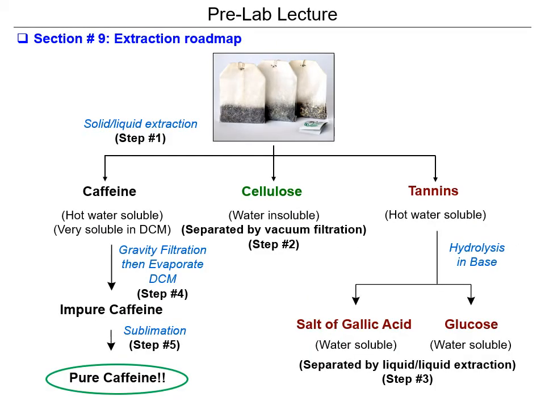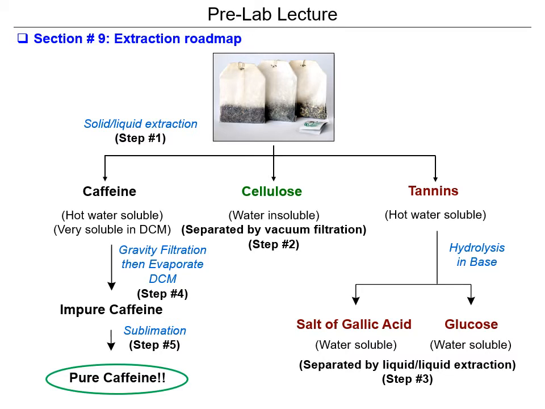So, to recap, we will perform 5 steps in the lab in an effort to isolate pure caffeine from tea leaves. The first step involves a solid-liquid extraction, giving an aqueous mixture of caffeine, cellulose, and tannins. Next, we will perform a vacuum filtration to remove any and all solid impurities from our solution.